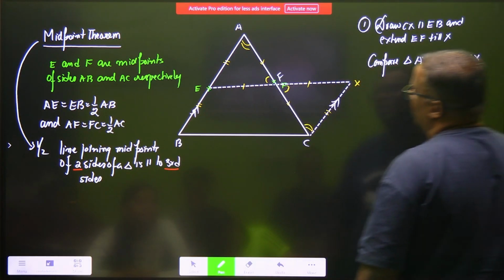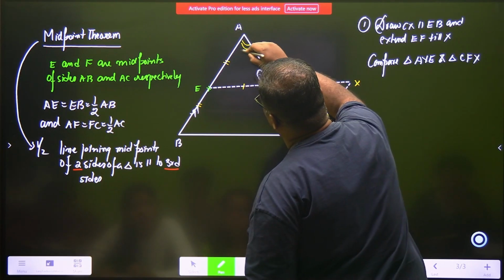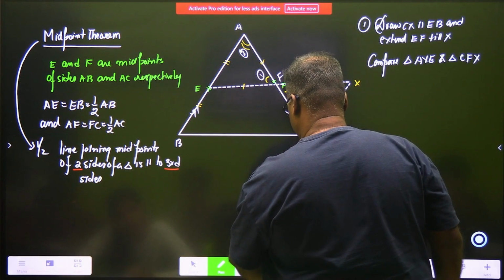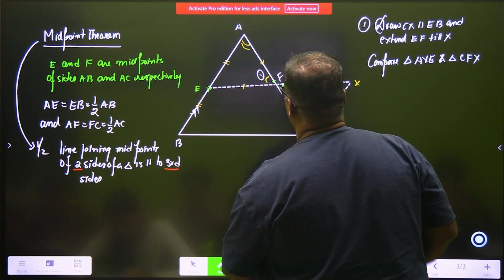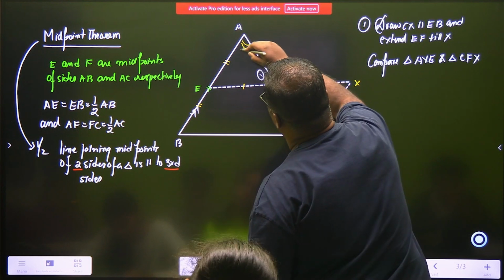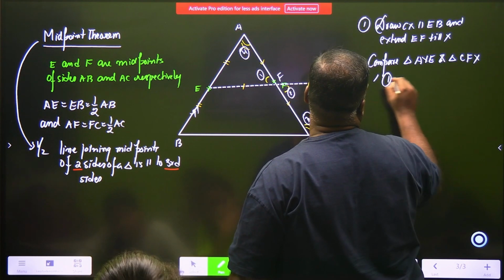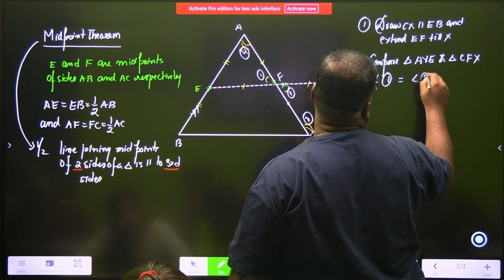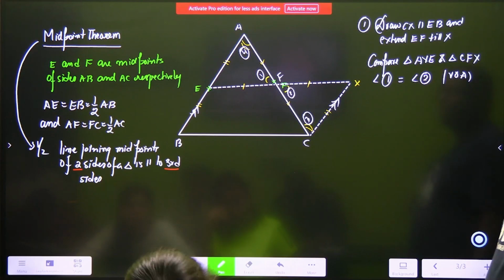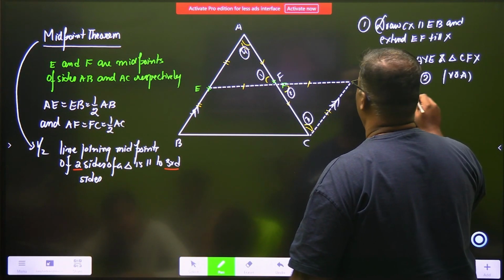I'm not writing so big. Label the angles 1, 2, 3, and I'm writing this as 4. Can I write angle 1 is equal to angle 2? Vertically opposite angles, no issues. Angle 4 is equal to angle 3.